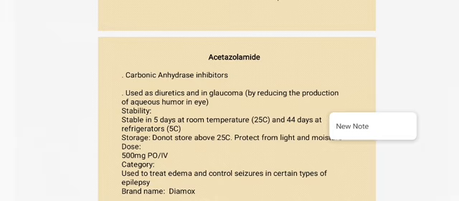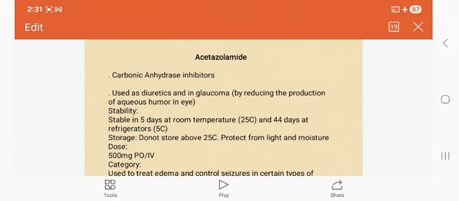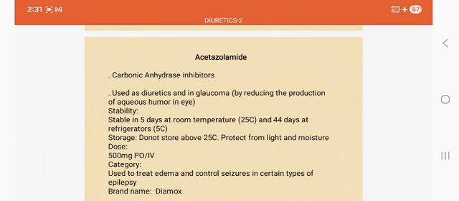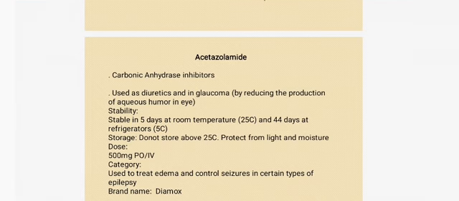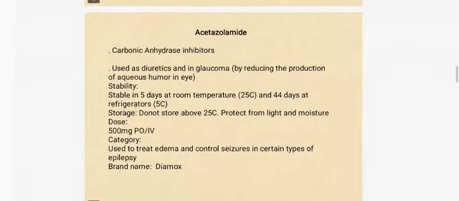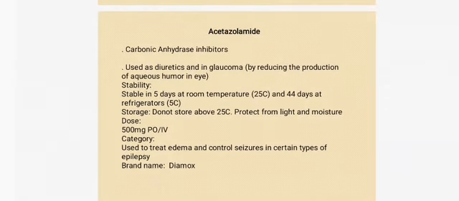The first is acetazolamide. This is a carbonic anhydrase inhibitor used as a diuretic and in glaucoma by reducing the production of aqueous humor in the eye. Stability: it is stable for 5 days at room temperature and 44 days in a refrigerator, that is 5 degrees Celsius.